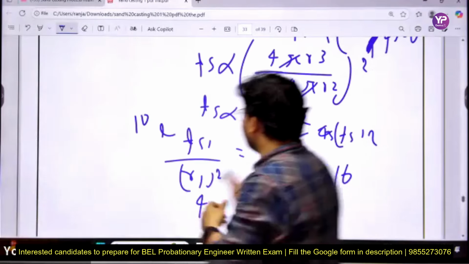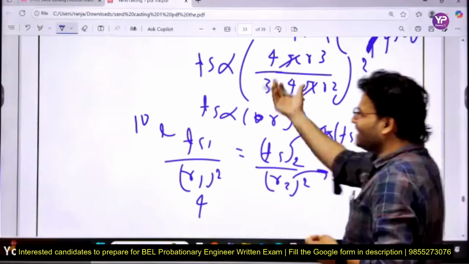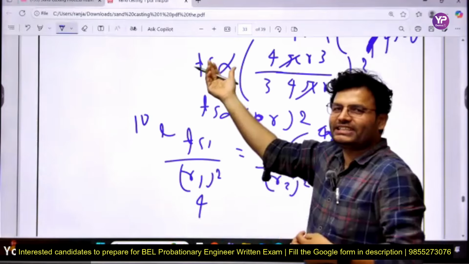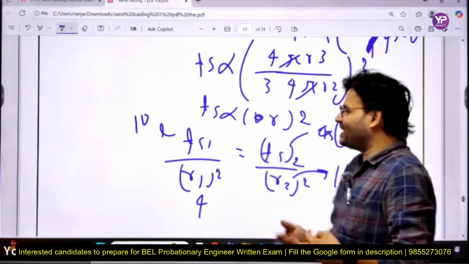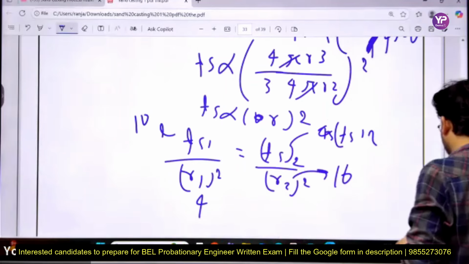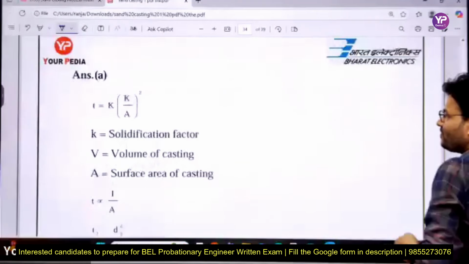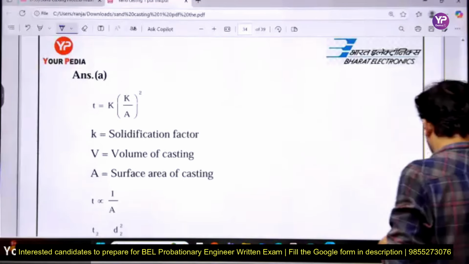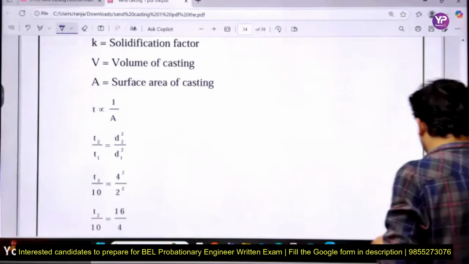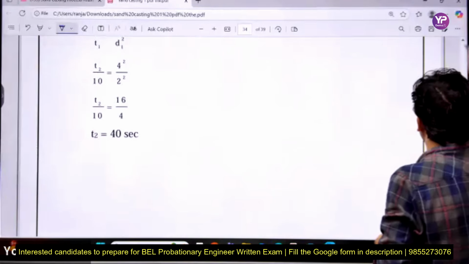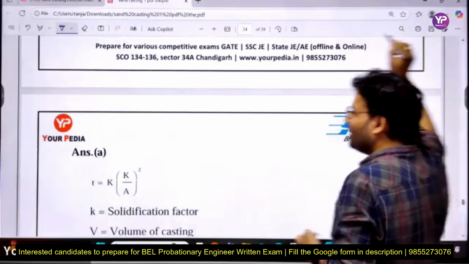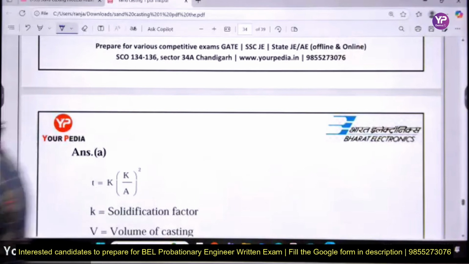I have simply taken the constant as common, since direct proportionality is there. By solving, 40 is the answer. A for apple. Everyone got A for apple? Tell me.